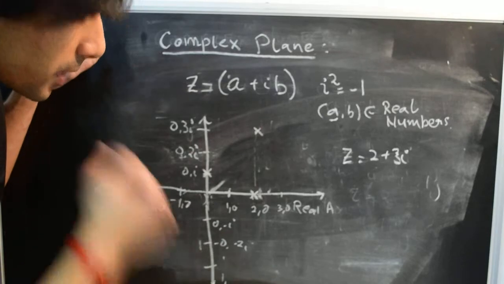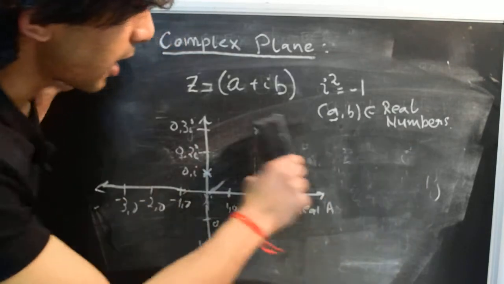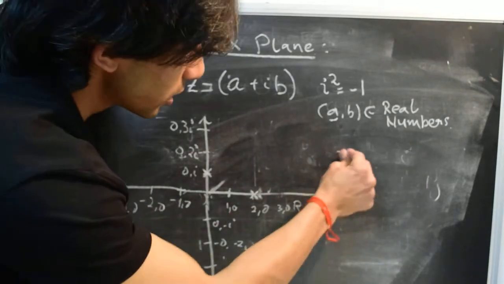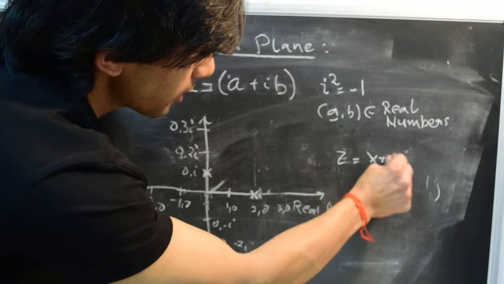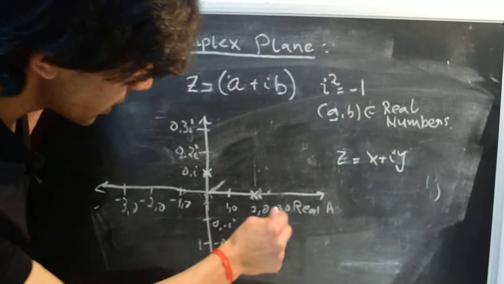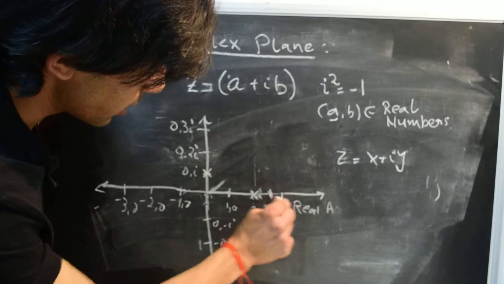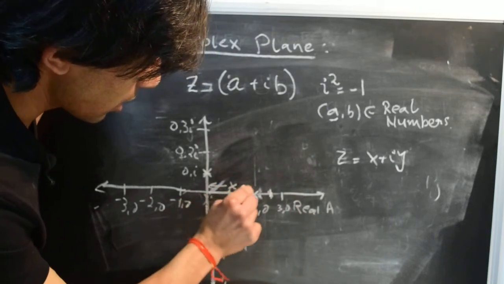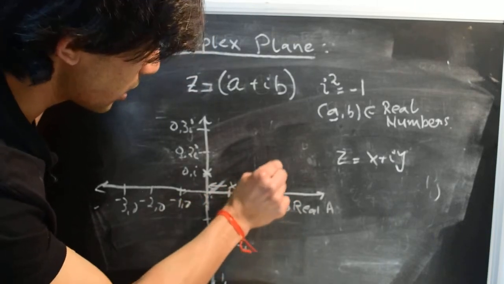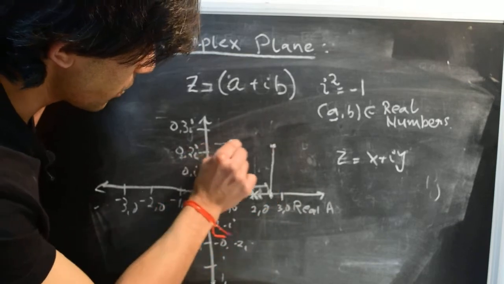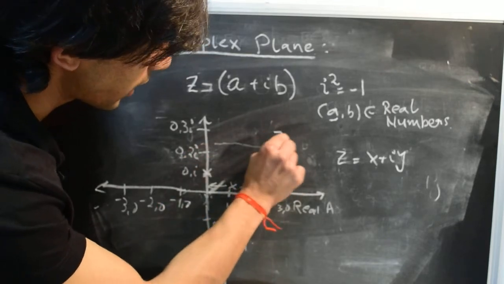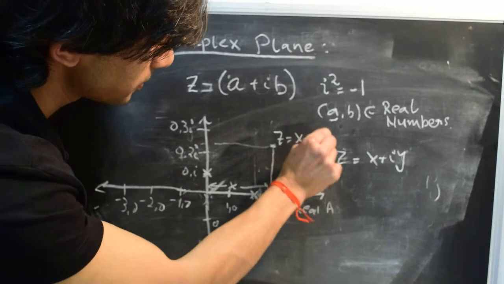And if we are to arrive at an arbitrary point, let's say z equals x plus iy, then we'll simply move x units along the real axis and y units along the imaginary axis, which could be somewhere here, for instance, and we arrive at the complex number x plus iy.